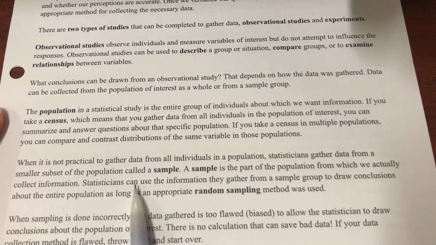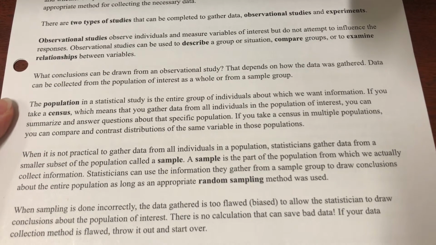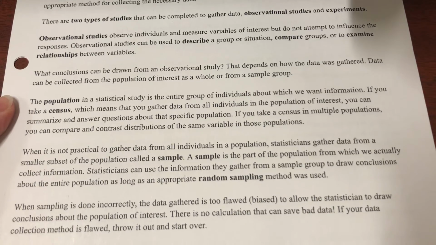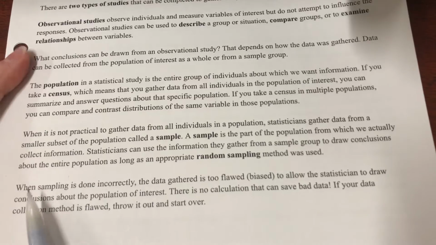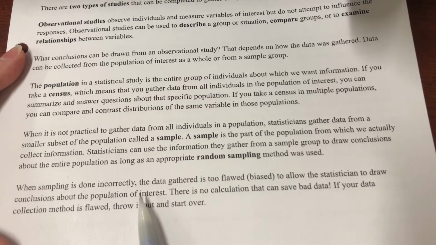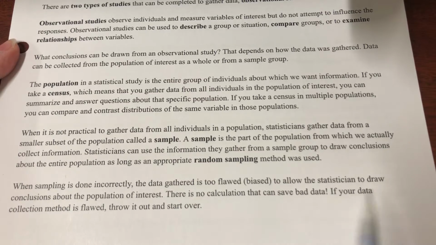Statisticians can use the information they gather from a sample group to draw conclusions about the entire population as long as an appropriate random sampling method was used. When sampling is done incorrectly, the data gathered is too flawed, too biased, to allow the statistician to draw conclusions about the population of interest.